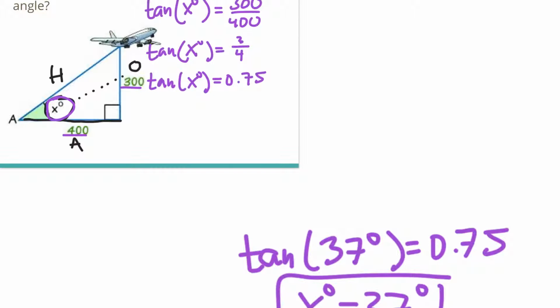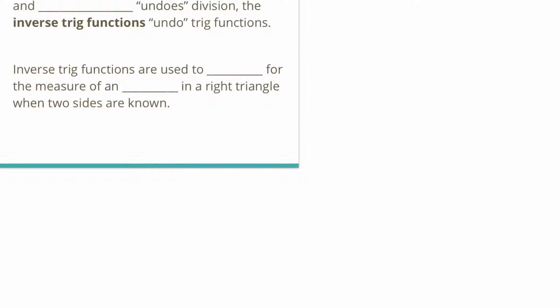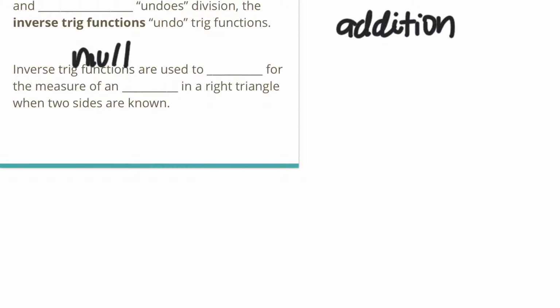Now, there is a shortcut. There is a way to essentially cancel this out and find 37 degrees. Let me show you what I mean by that. Subtraction undoes addition, and multiplication undoes division.